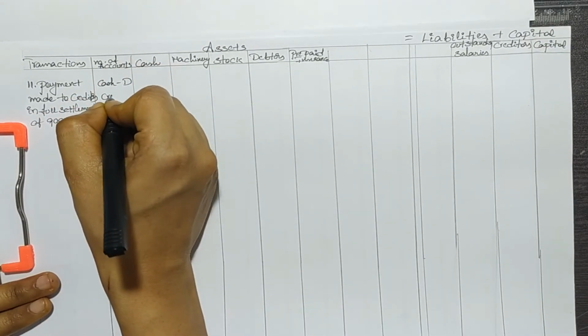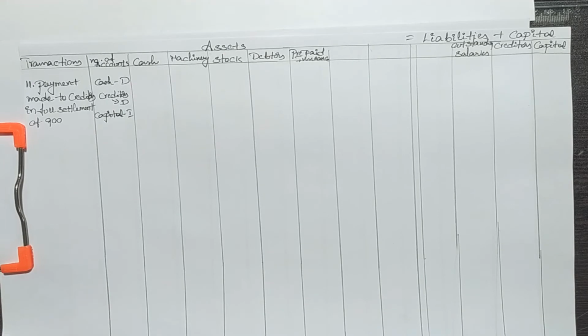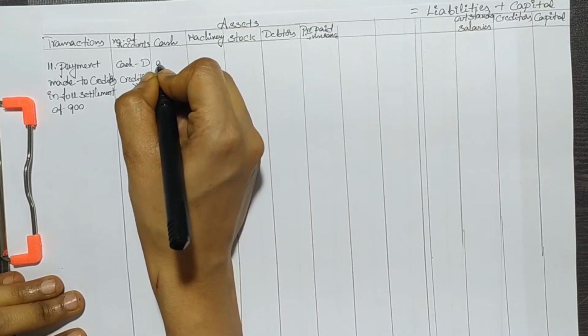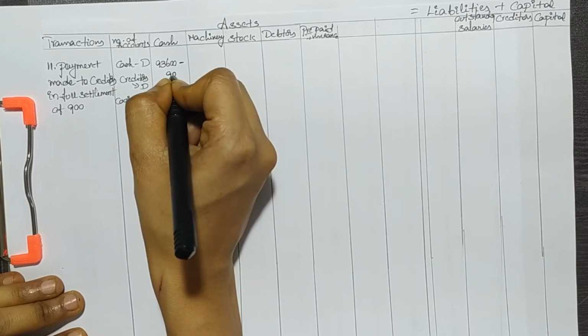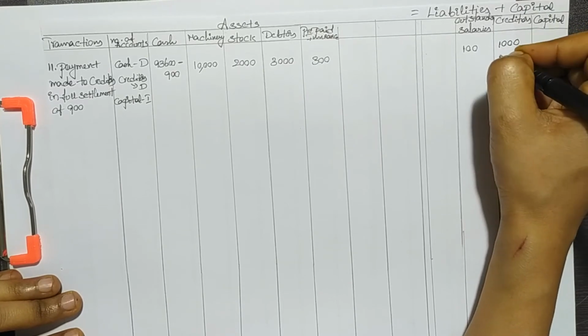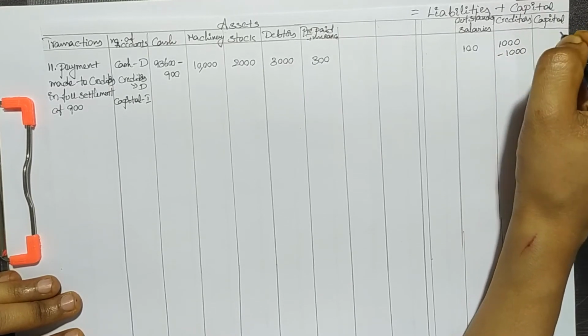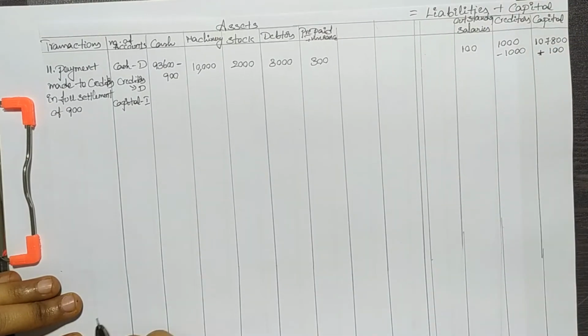This transaction affects cash, creditors and capital accounts. Since we have paid to creditors from the available cash, we will deduct 900 from the cash value and we will deduct 1,000 from creditors. And also we will add 100 to the capital because 100 is a gain or profit.